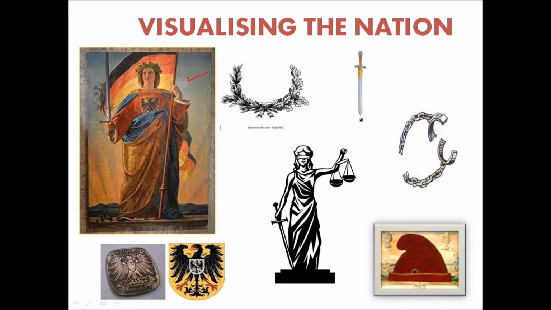Now let's look into the meaning of the following symbols. Broken chain reflects being freed. Breastplate with eagle signifies the symbol of the German Empire's strength. Crown of oak leaves signifies heroism. Sword marks readiness to fight.